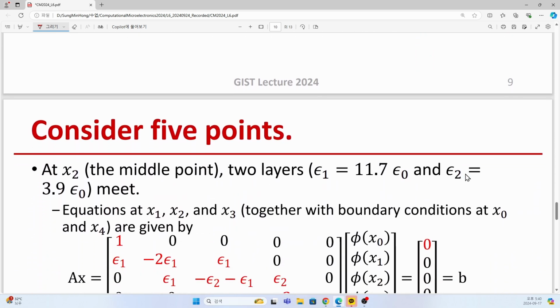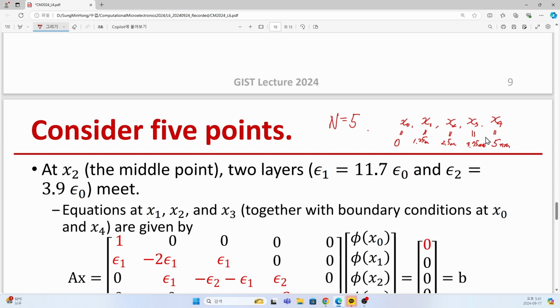Of course, we can make the problem much more difficult, but let me just consider n equal to 5 points. It means that now we have x0, x1, x2, x3, and x4. And x0 corresponds to 0, and this corresponds to 5 nanometer. And here we have 1.25 nanometer, 2.5 nanometer and 3.75 nanometer.